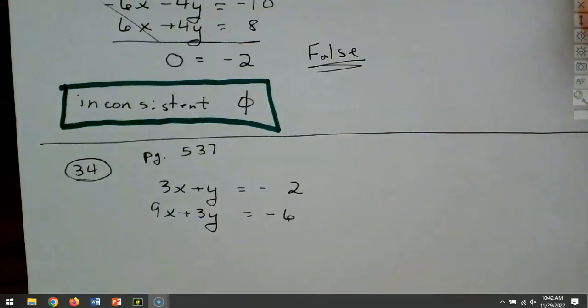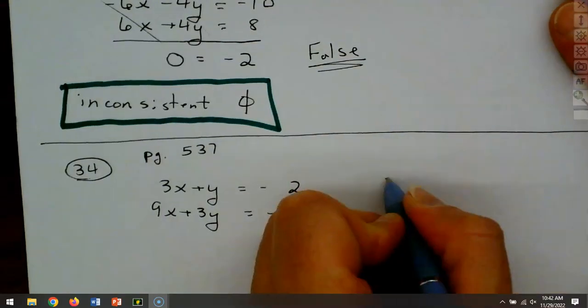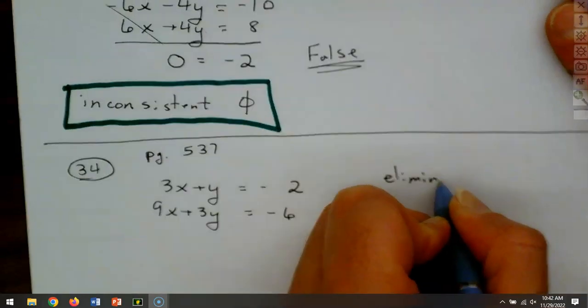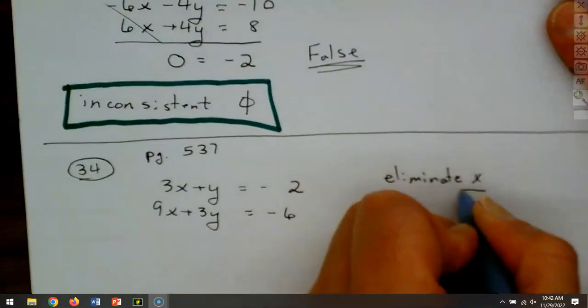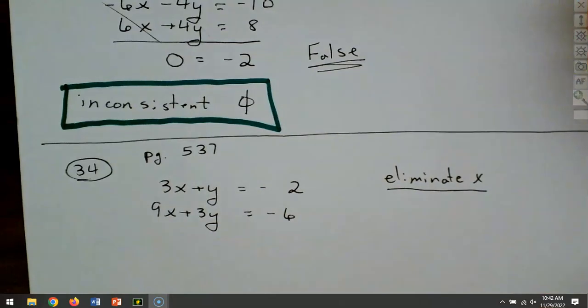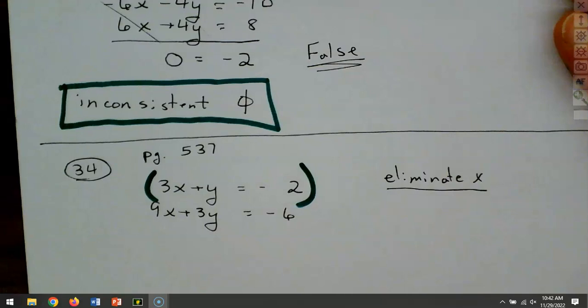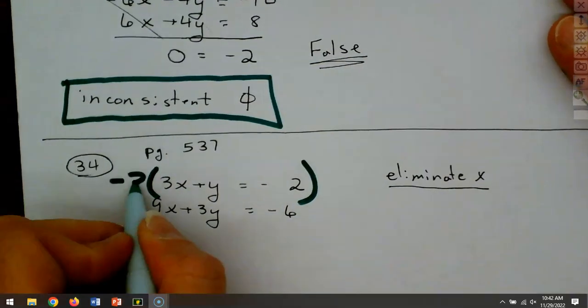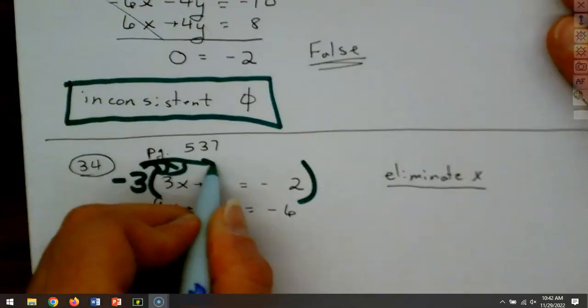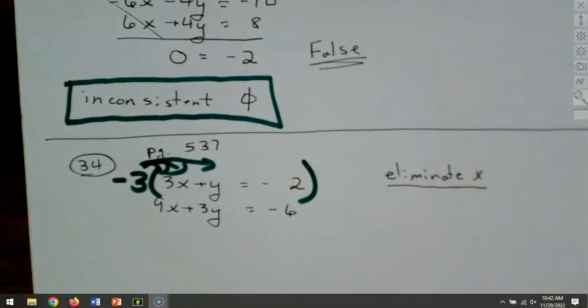Eliminate one of the variables. Doesn't matter which one. I'm going to eliminate for the x. And if I want to eliminate for the x, what do I need to multiply the first equation by? Yep, negative 3. Make sure you distribute that through.